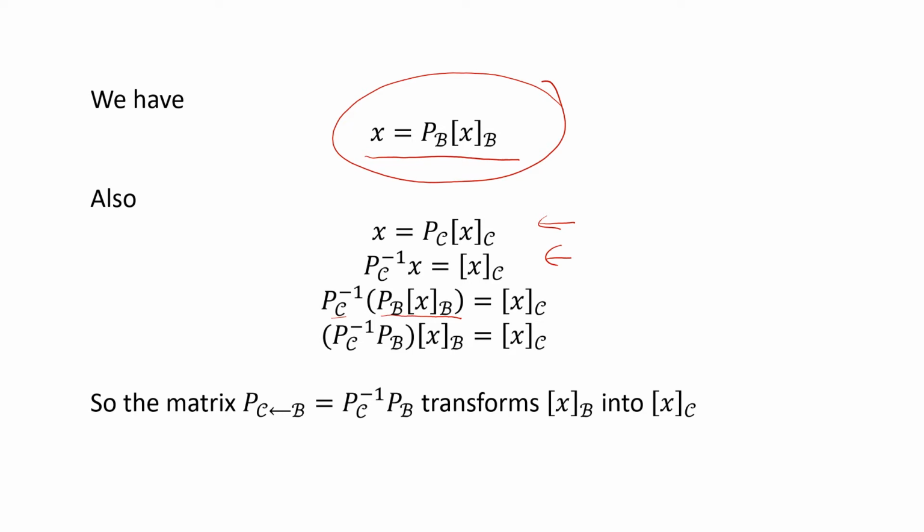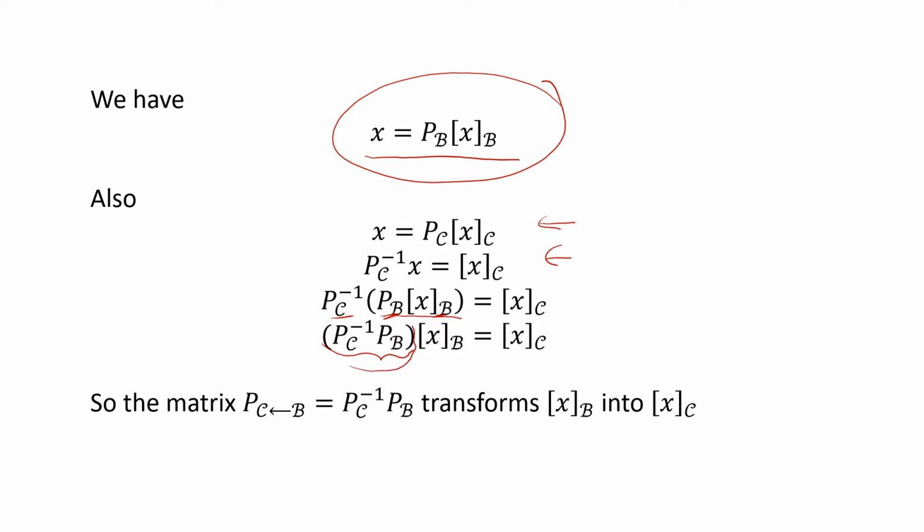Now remember, PC inverse is just a matrix, PB is just a matrix, xB is a vector, so we can regroup things and put those two matrices together. And what do we have now?